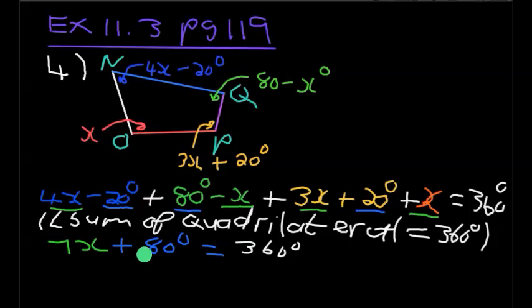The 80 degrees can now swim across the river, so then it becomes negative 80 degrees. So we have in fact 7x equals 360 degrees negative the 80 degrees.